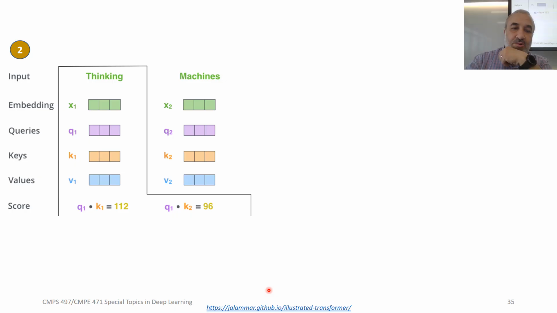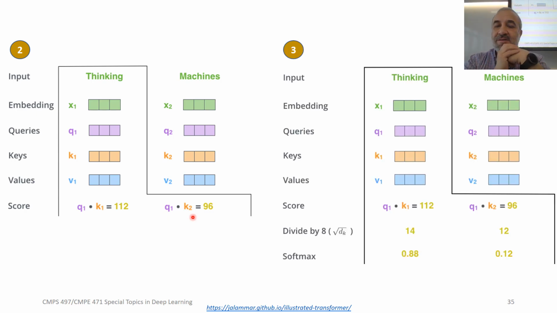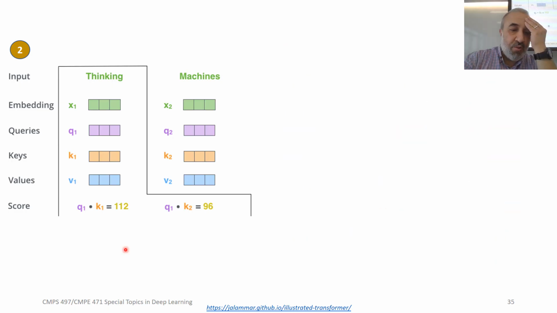So step number 2, compute the dot products Q1K1, Q1K2. Then we forget about this, we didn't talk about it yet, so just ignore it, and we apply the softmax on these two values. Now before we apply the softmax, when I tell you that the values are 112 and 96, do we get any meaning of that?